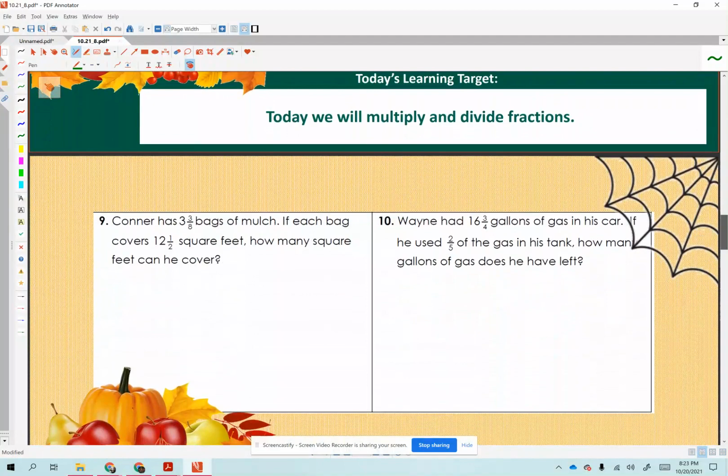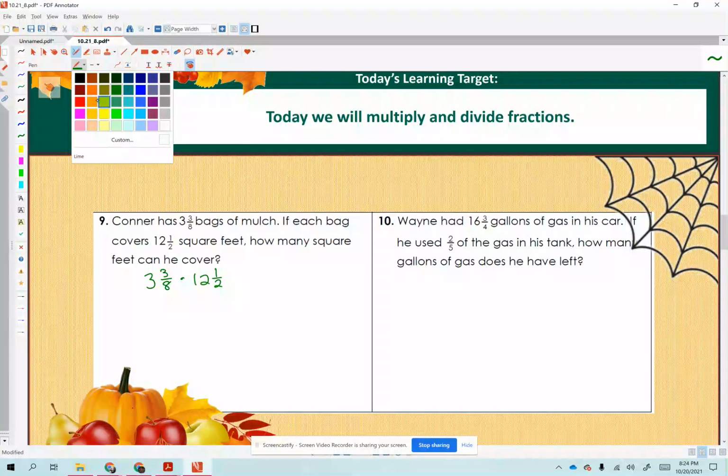And the last two multiplication problems. Connor has 3 3/8 bags of mulch. If each bag covers 12.5 square feet, how many square feet can he cover? So we'll multiply 3 3/8 times 12 1/2. First, we'll convert those to improper fractions.